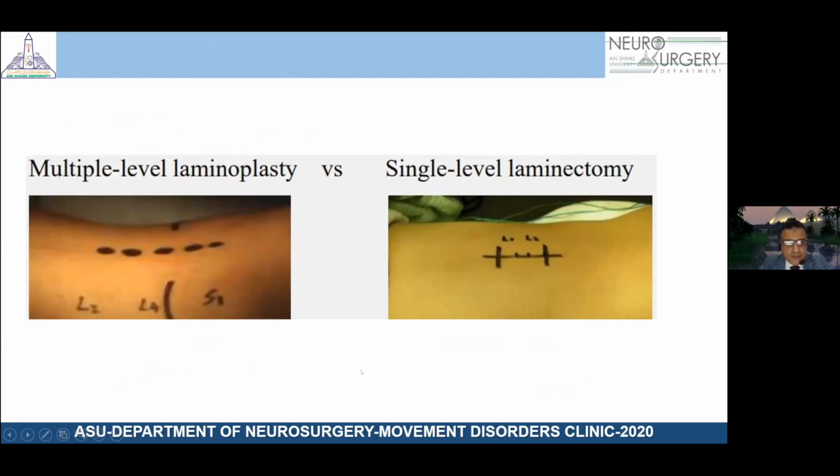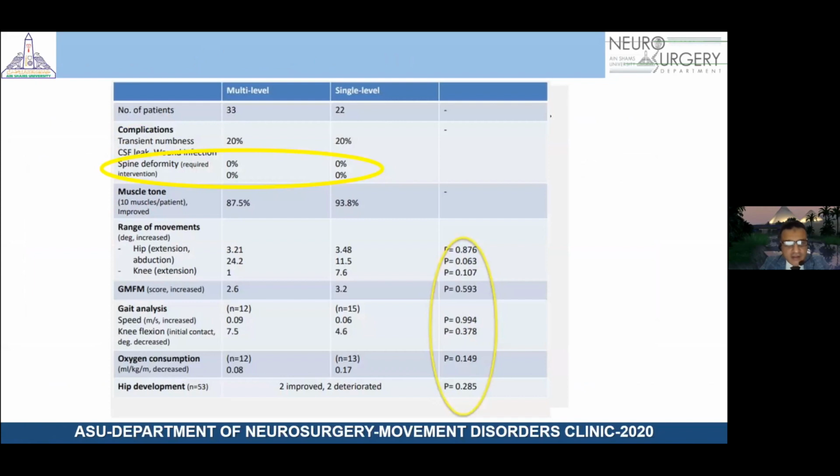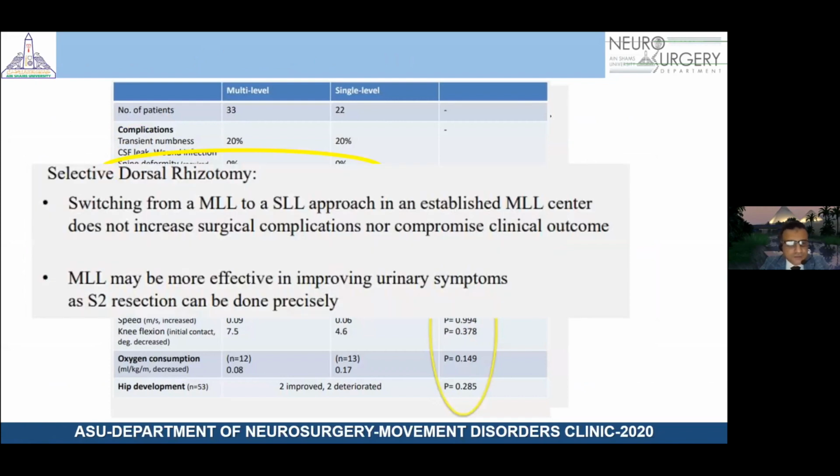This paper compared the multi-level laminoplastic technique versus the single-level technique, and they didn't find any significant differences. But maybe the multi-level technique is superior in preserving the sphincters and identifying the sacral roots better.